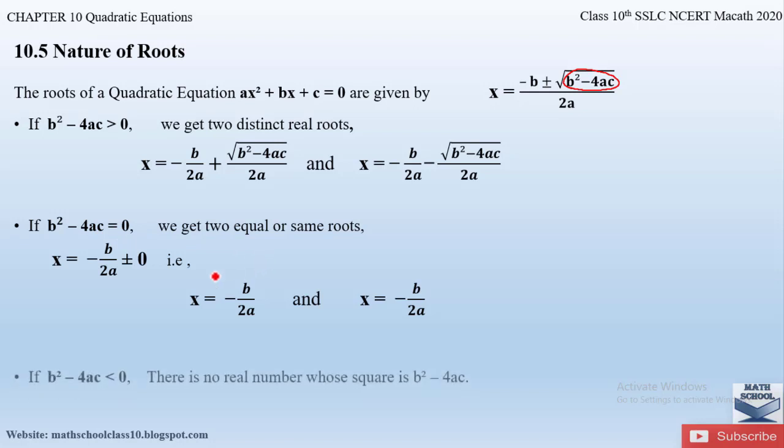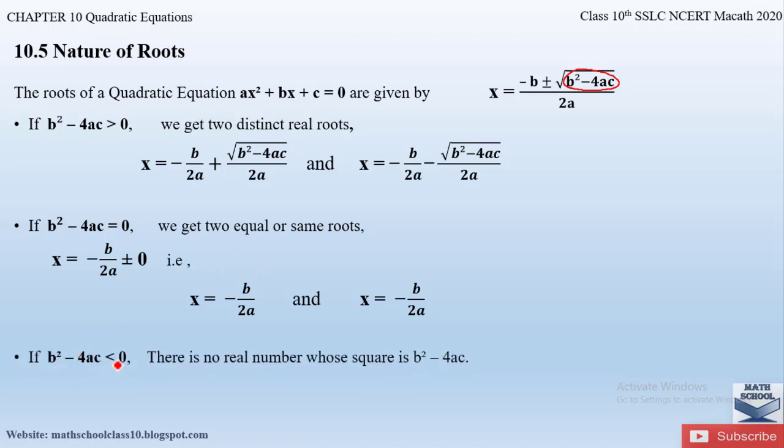The third condition is when b square minus 4ac is less than 0. When the value of b square minus 4ac is less than 0, it will be a negative number, right? For any negative number, we cannot take the square root. For example, if we obtain the value of b square minus 4ac as minus 9, we cannot take the square root of minus 9.